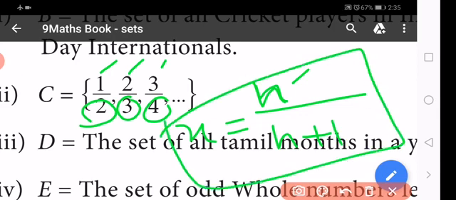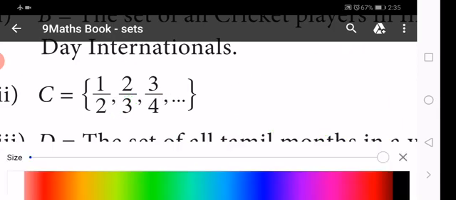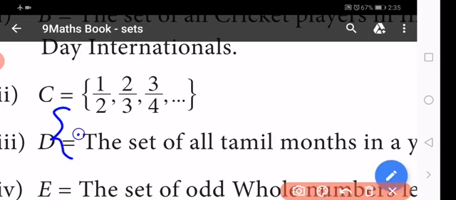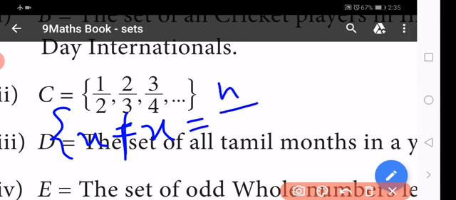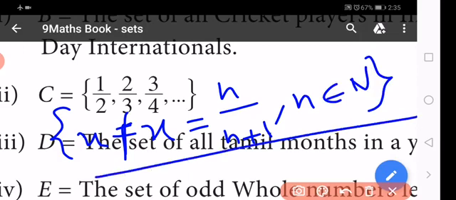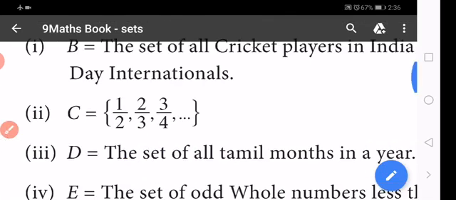So that is the rule. So the set builder form is, for all x such that x equals n divided by n plus 1, comma, then what is n? n belongs to natural numbers. That is the set builder form of the second sum. Okay, do you understand? Okay, students.